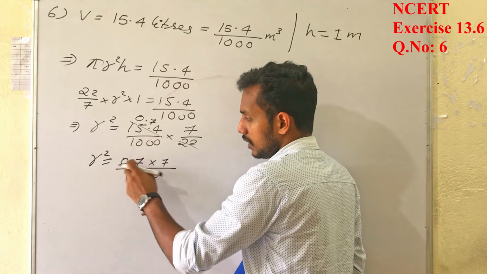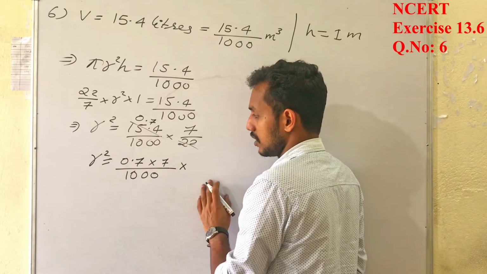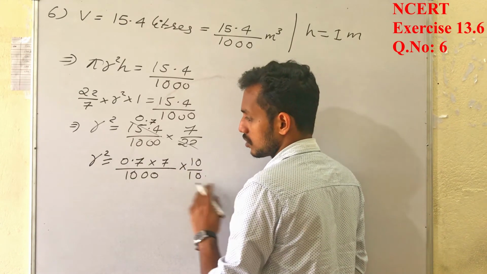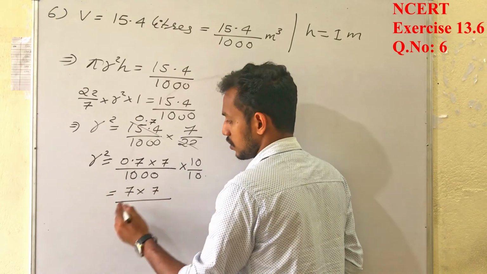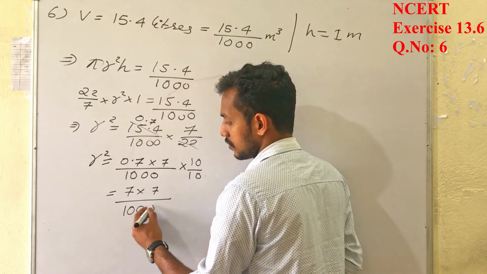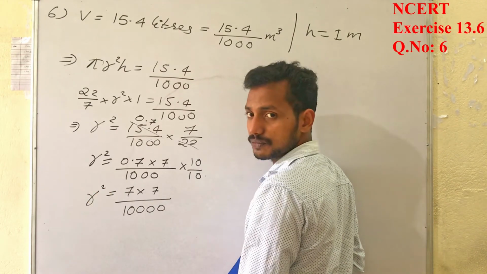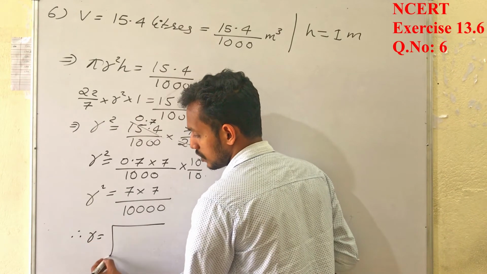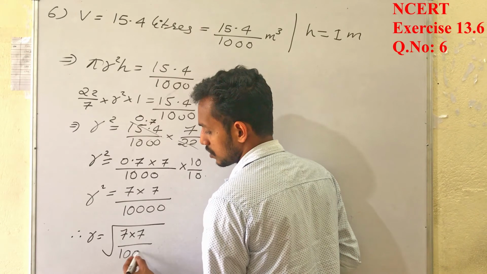So make this 0.7 into 7, so we can easily factorize it. For that I am going to multiply and divide by 10. So we will get 7 into 7 divided by 10,000, that means 100 into 100. Therefore r is equal to the square root of 7 into 7 divided by 10,000.